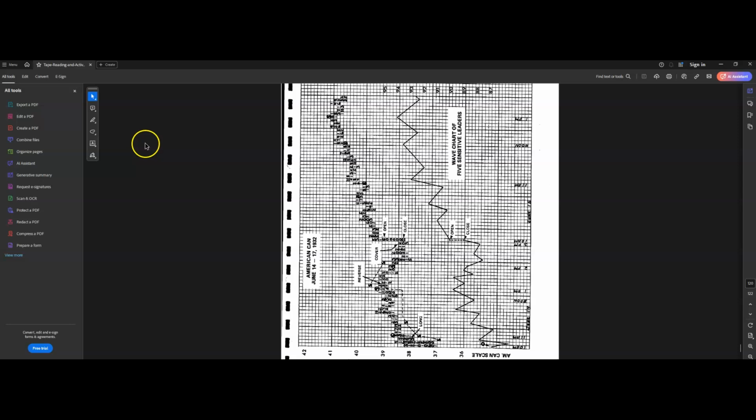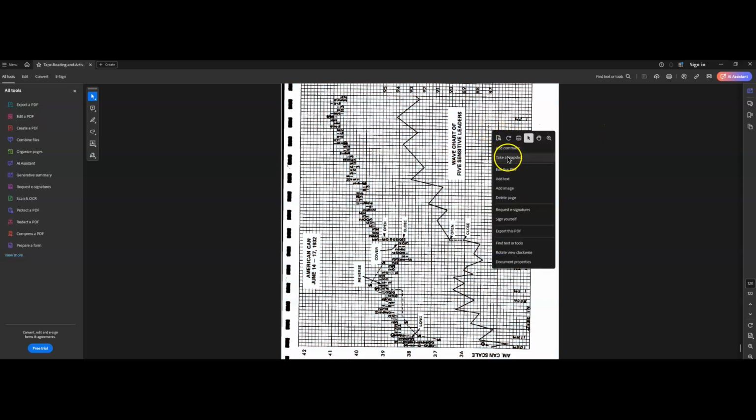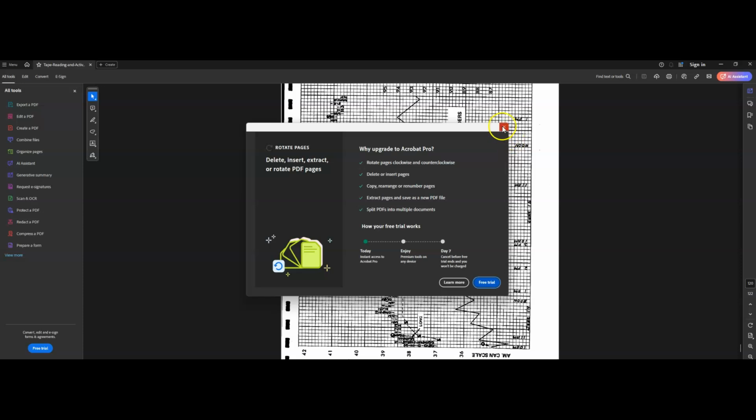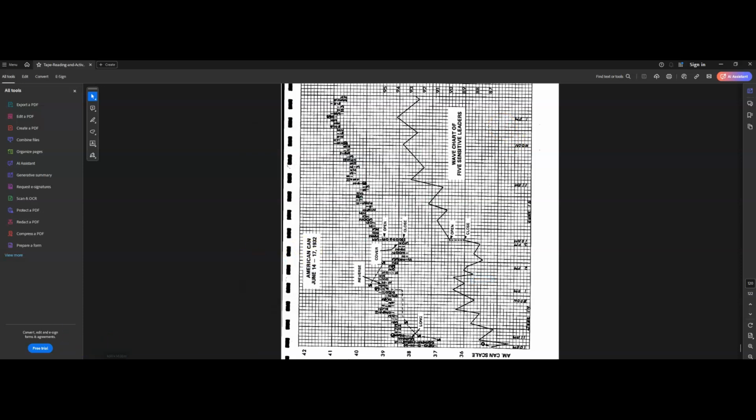Let's flip it. How do I flip it? We're going to flip it. Anyway, I don't know how to flip it, but this is what I just showed you on my screen. You see all the numbers? See that?